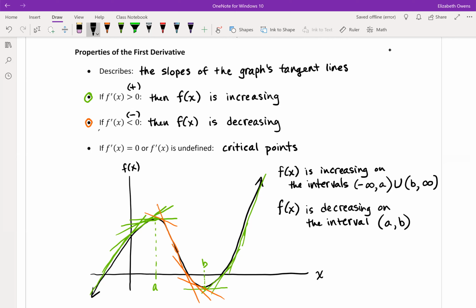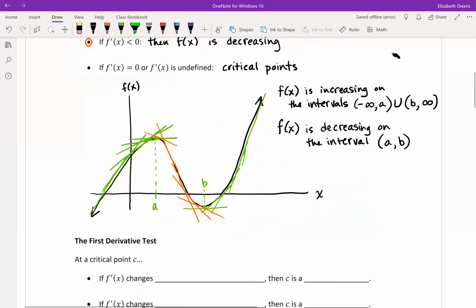If our derivative value is negative, the function is decreasing. And if the derivative is 0 or undefined, then that's not increase or decrease. We call that a critical point, and it's its own little thing, not increasing or decreasing there.